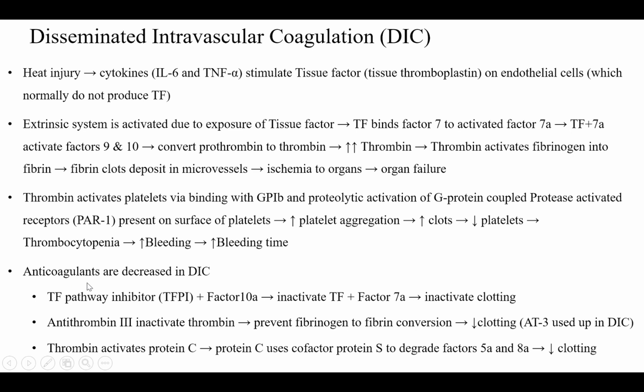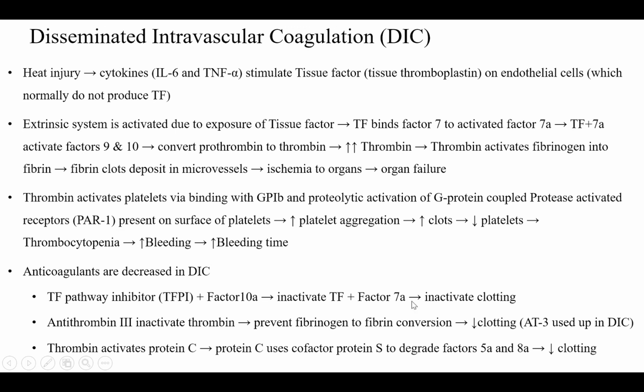So anticoagulants. Another way you have inactivation of clotting and increased bleeding and hemorrhage is because in DIC anticoagulants are decreased. So tissue factor pathway inhibitor basically inhibits the tissue factor. Tissue factor pathway inhibitor along with factor 10A inactivates tissue factor and factor 7A.